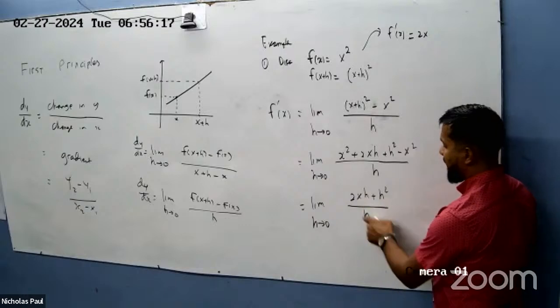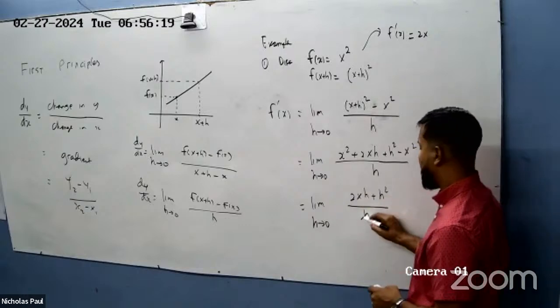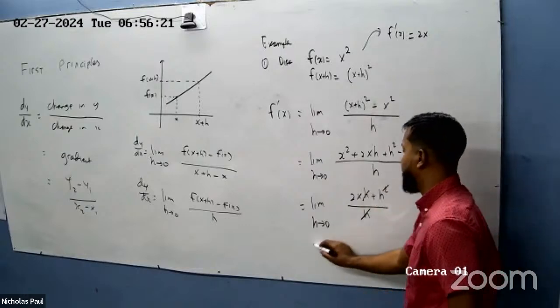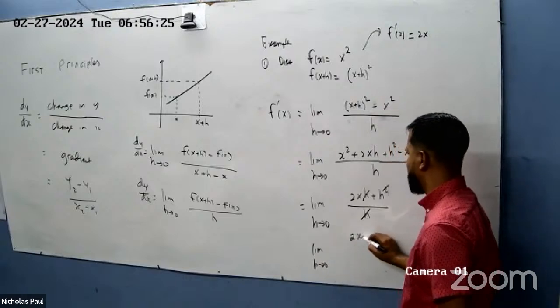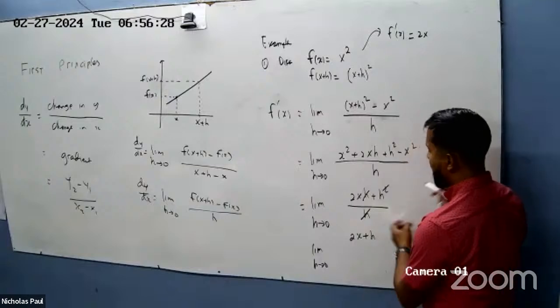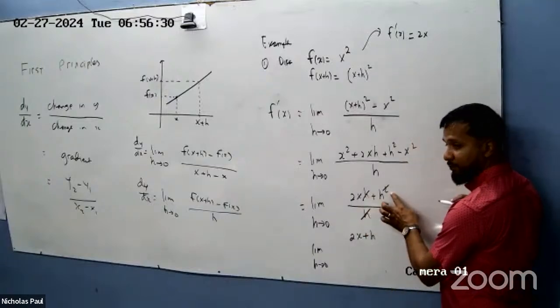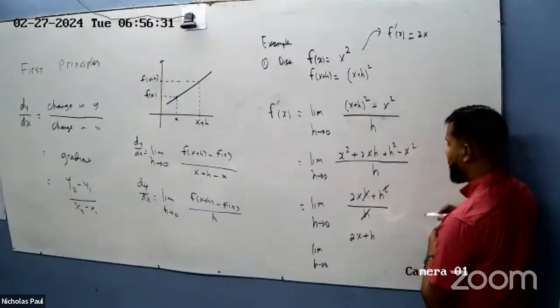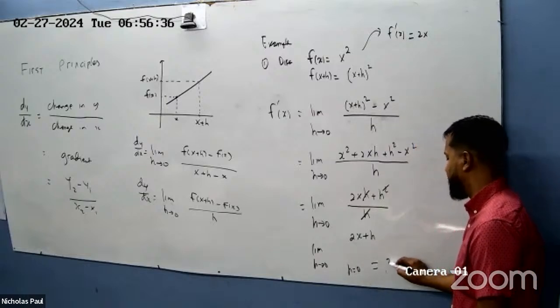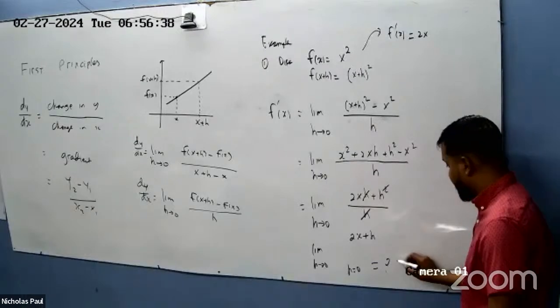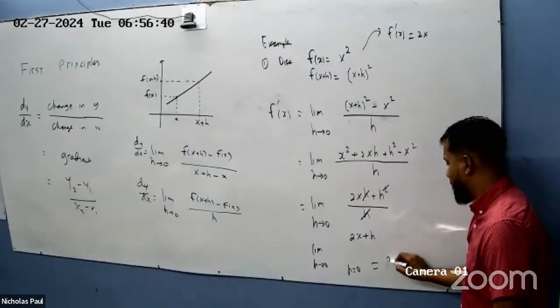Then you divide everything by h. This will cancel, and you will end up with the limit as h approaches 0 of 2x plus h. What's the last step? When h is 0, what will you get? You'll get 2x.